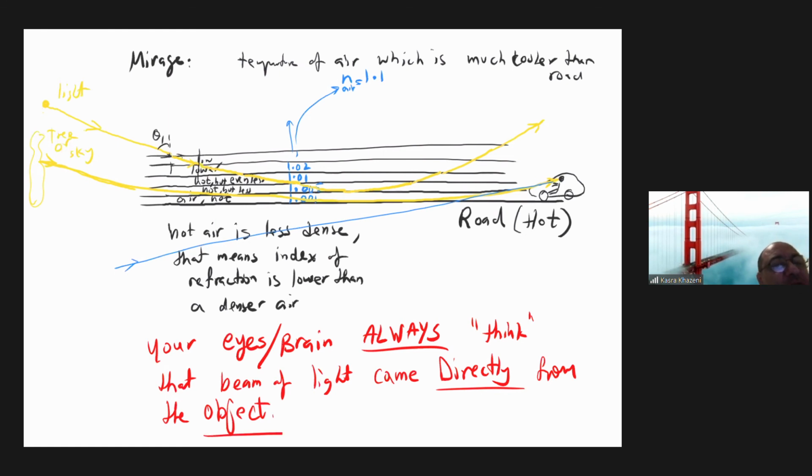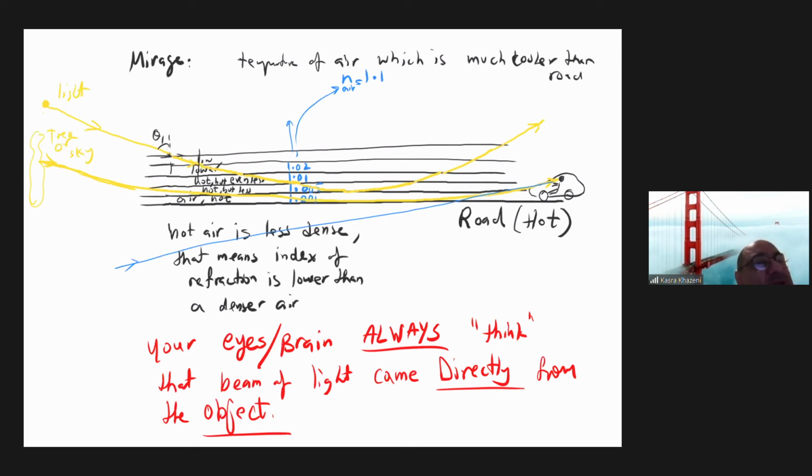Okay, this is important. Directly from the object. It does not know that the beam could have been bent. It does not know the beam was doing all sorts of dances. When it reaches your eye, it says, this beam must have come straight from the object.